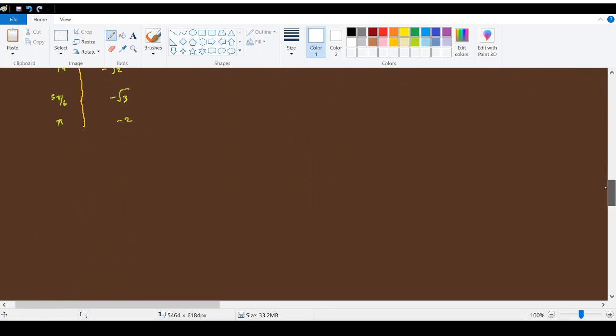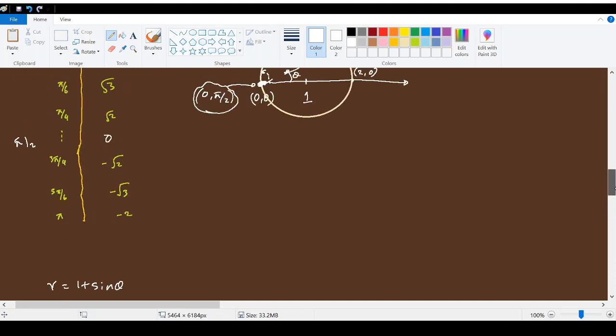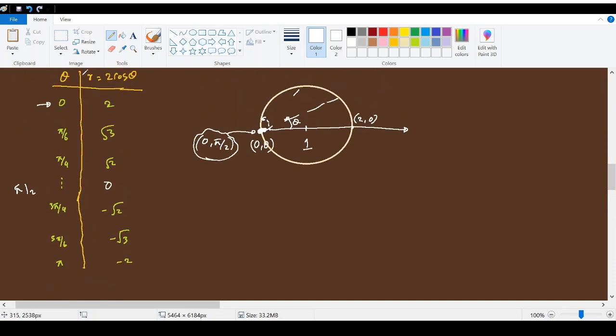Even for a case like r equals 1 plus sine theta, it is not easy to find the corresponding r values for different thetas, and it is not easy to plot the suitable curve.